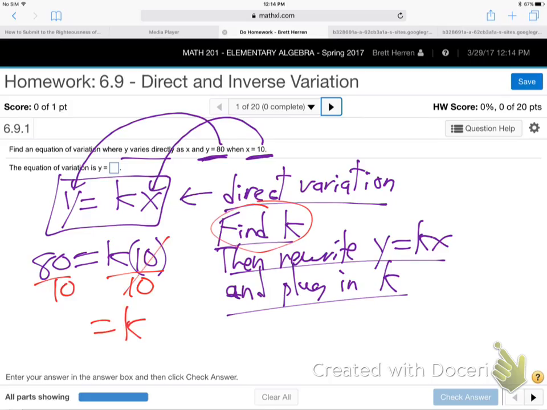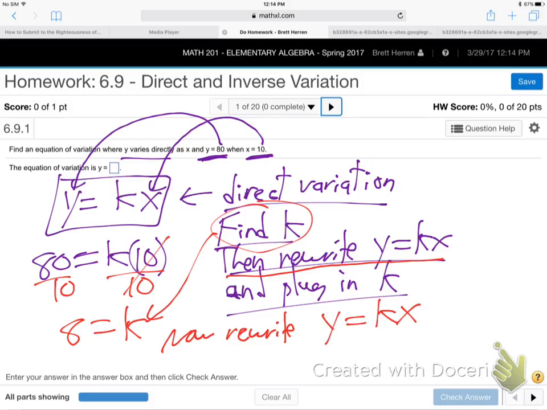So then k will be what, 8? So we found k is 8. Then rewrite y equals kx, but plug in the k you found. What is k? 8. So that's all they want. Y equals 8x.